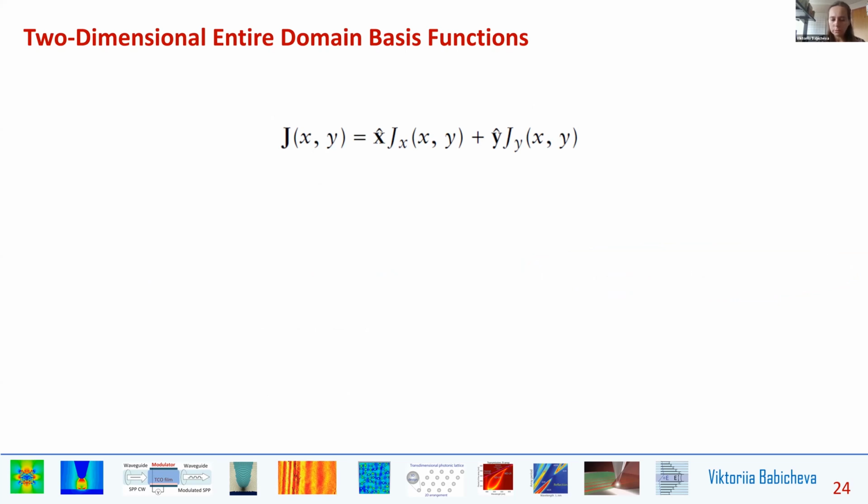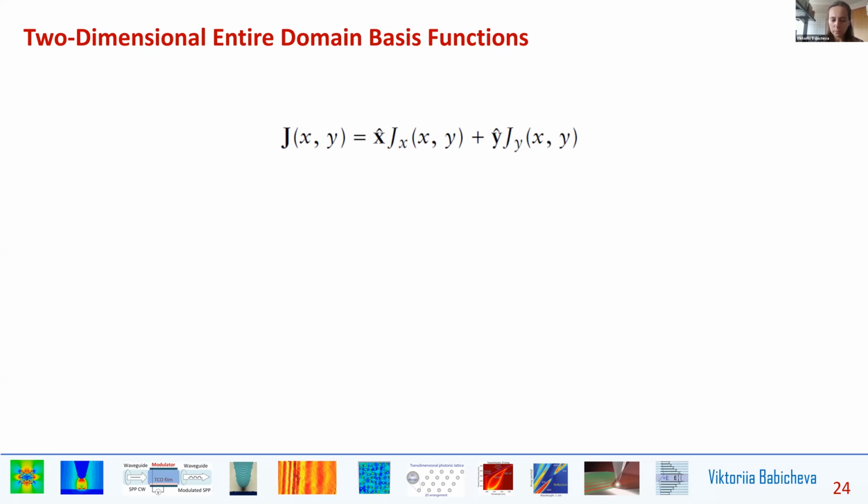And the complete set of entire domain basis functions for rectangular shaped geometries, like rectangular, triangular or circular sector, may be obtained from the eigenfunctions of the geometry. And electromagnetic wall cavity eigenfunctions are more suitable, and they can be determined from the cavity's modal analysis.